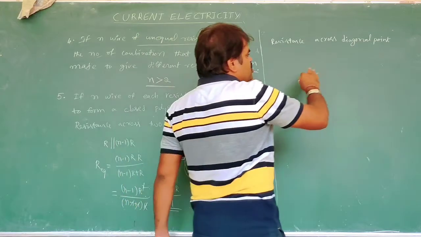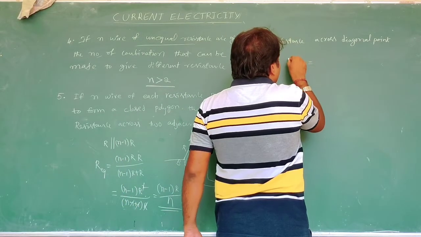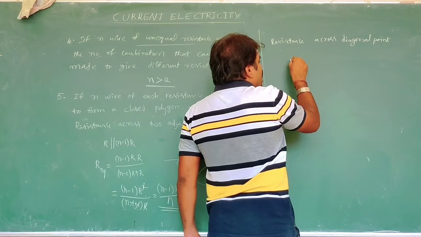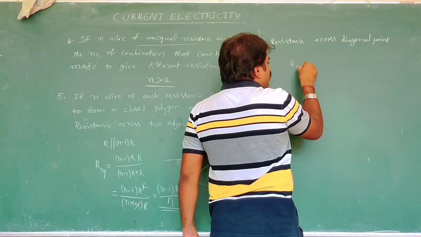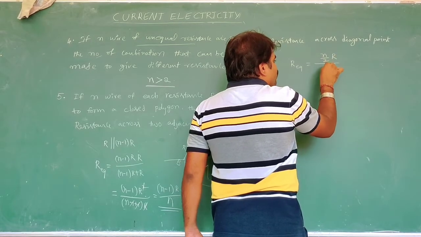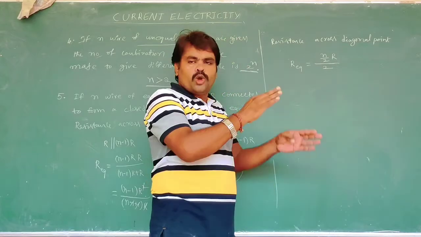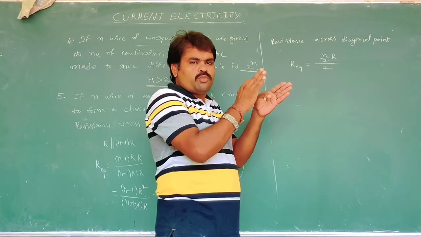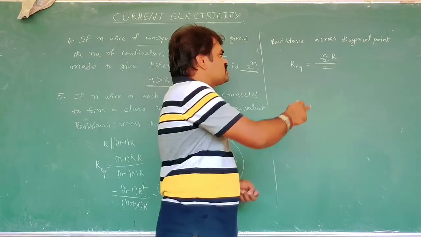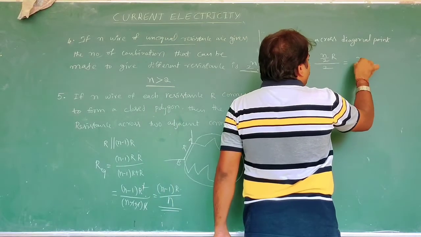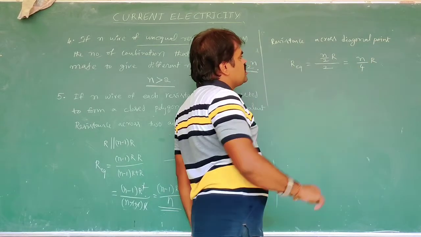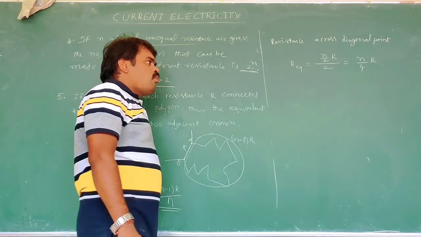That's why we write n by 4 R. This is about the resistance across the diagonal points.